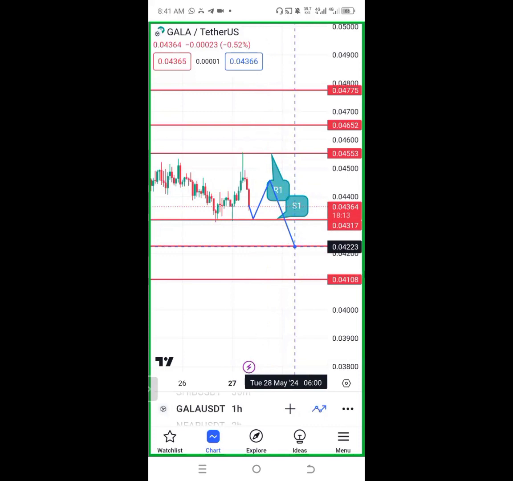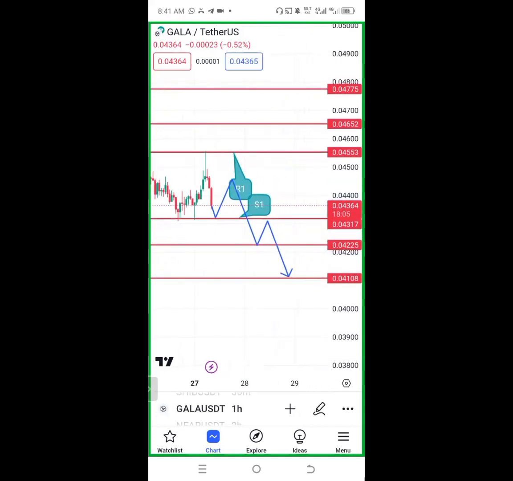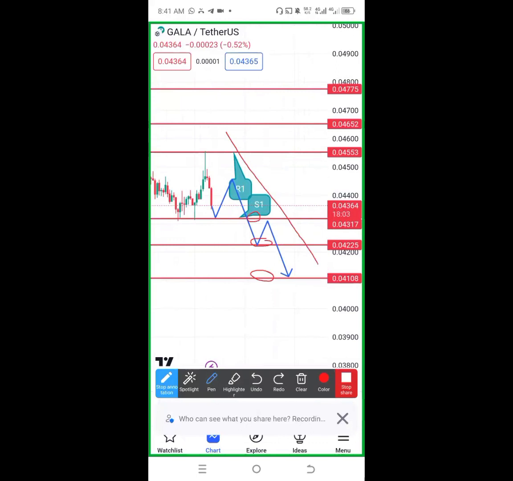Then it is supported at 2. Then it retraces back or retests support 1 and then it breaks support 2 to support 3. If this is a downtrend, this is what you would expect. This is the movement you're going to expect. There would be a retracement and a break of structure, retracement and a break of structures progressively, right, to form a downtrend.